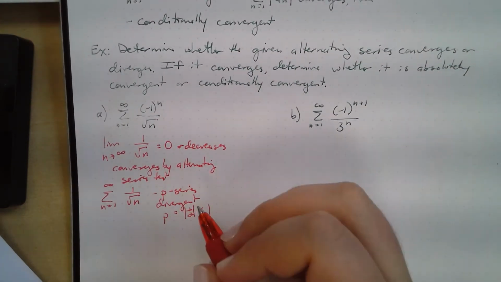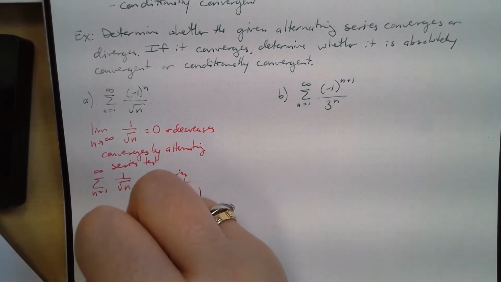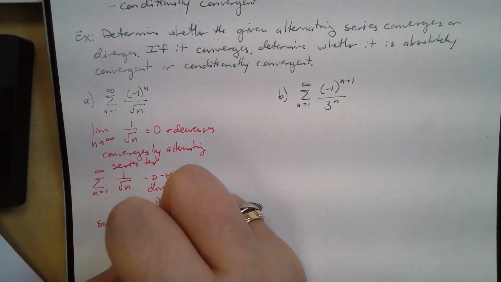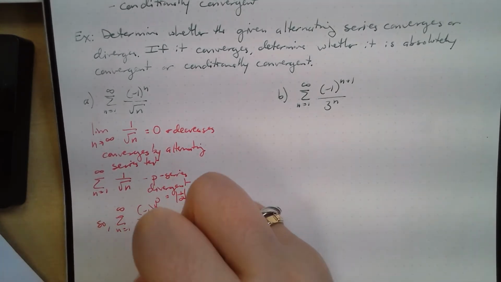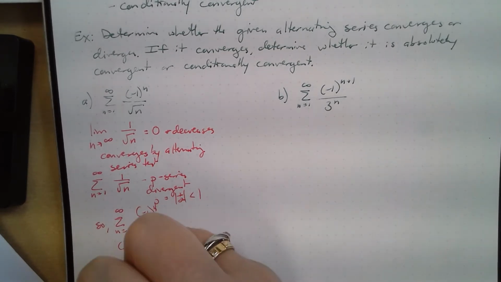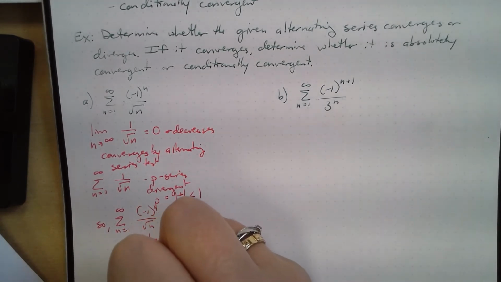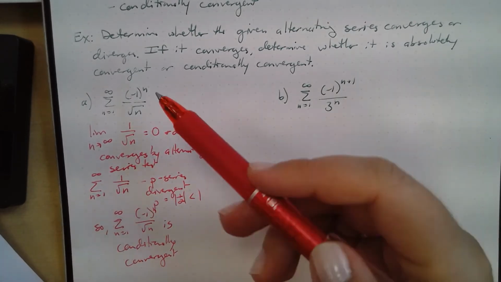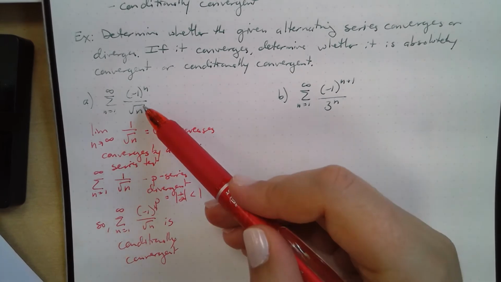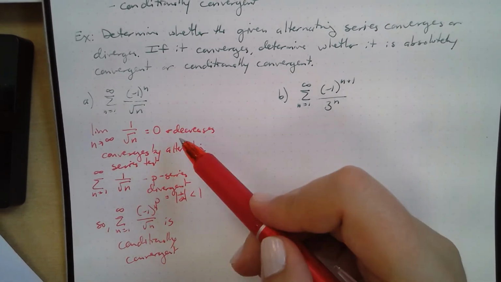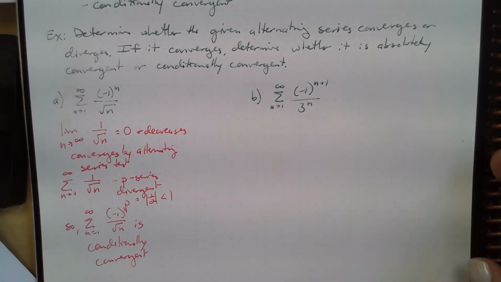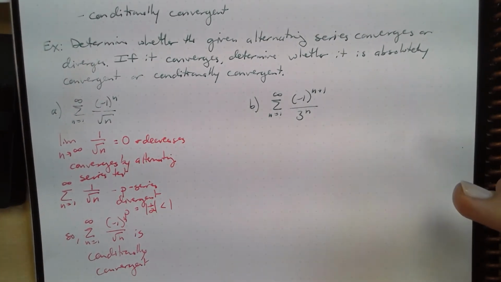So the series n equals 1 to infinity of negative 1 to the n over the square root of n is conditionally convergent, because this and its absolute value are not the exact same. This one converges, this one diverges. So it's conditionally convergent.